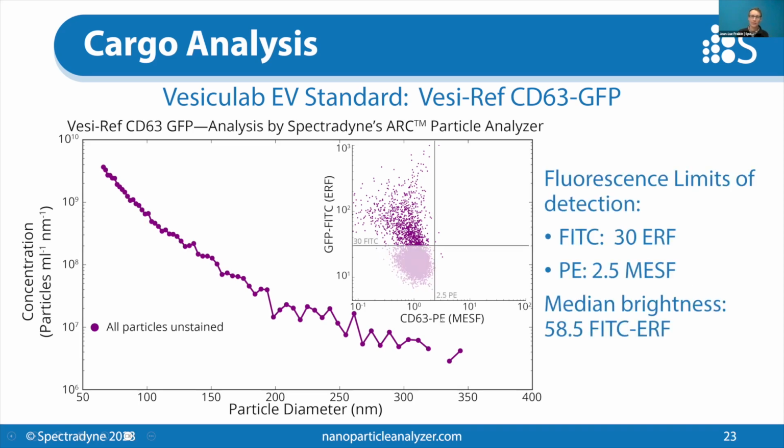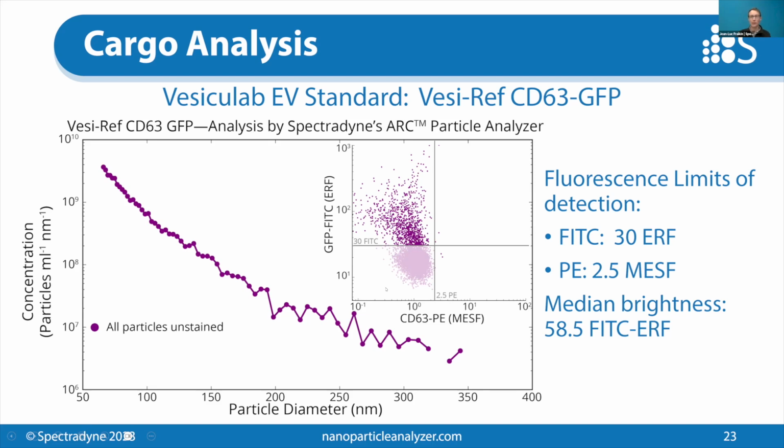We have limits of detection like any other instrument, and those are 30 ERF units of FITC in the GFP channel or in the green channel, and just a couple of PE molecules in MESF units in the PE channel. Okay, so we can be quantitative about the brightness of these particles, and as expected, right, these are unstained samples, but they express the GFP. We see a bunch of fluorescent green ones here.